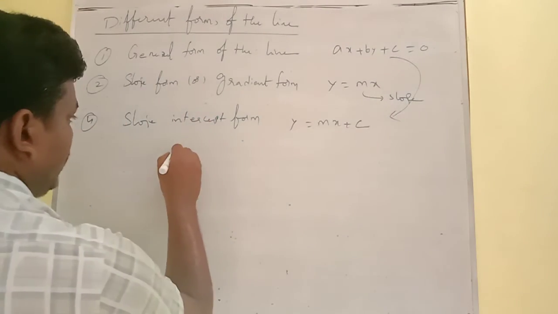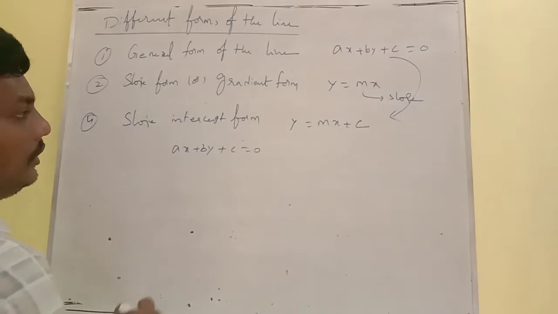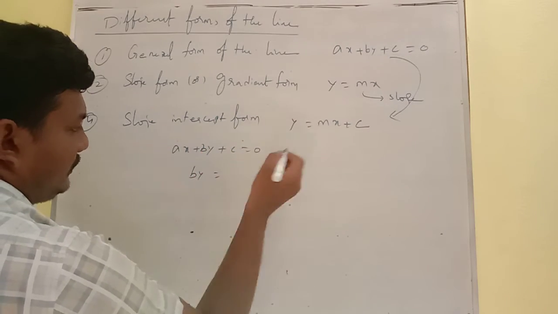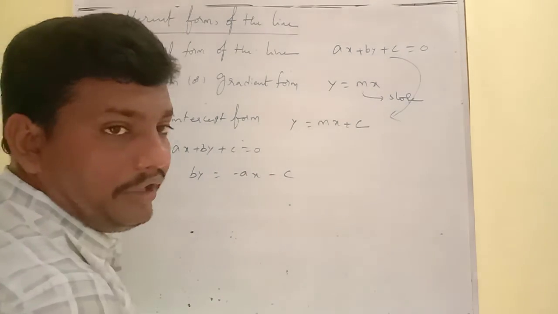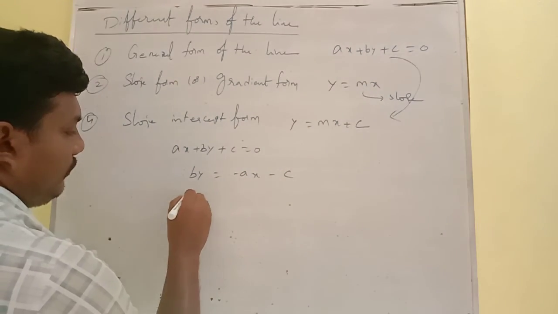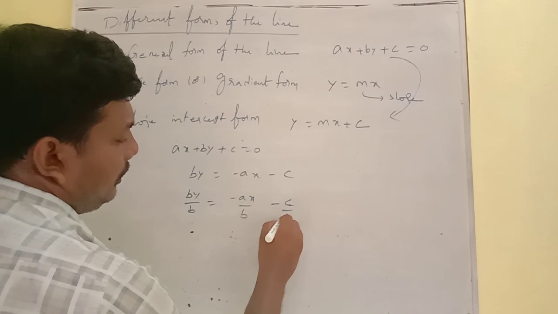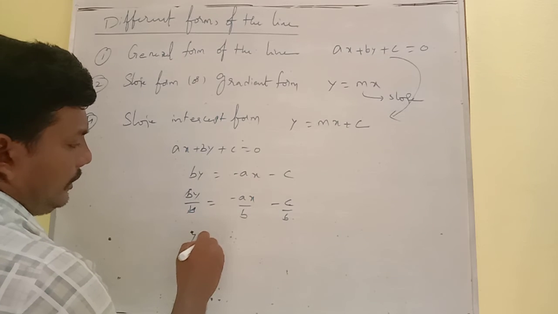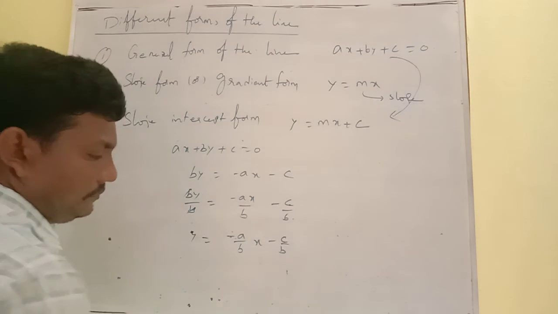Let me consider the general form ax plus by plus c is equal to 0. Take the by term to this side: by is equal to minus ax minus c. I want only y on this side, that's the reason why we are dividing by b. So y is equal to minus a by b into x minus c by b.